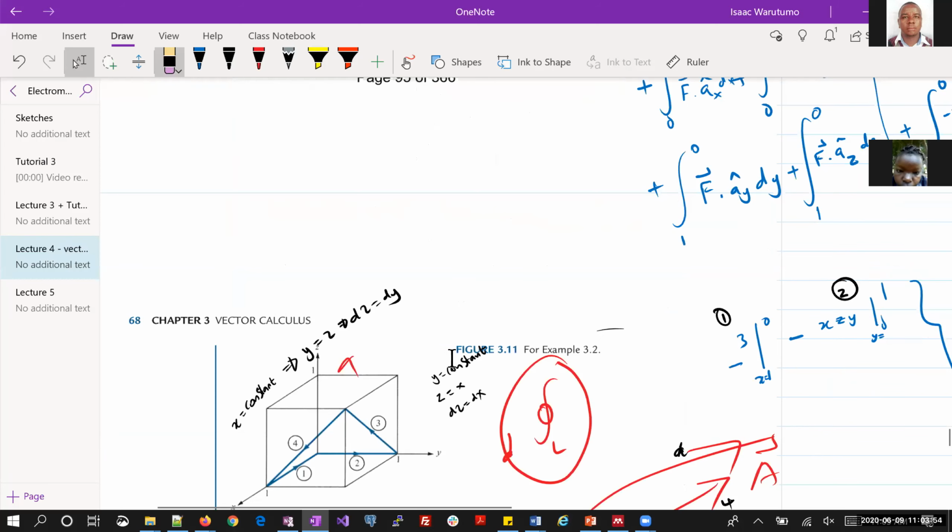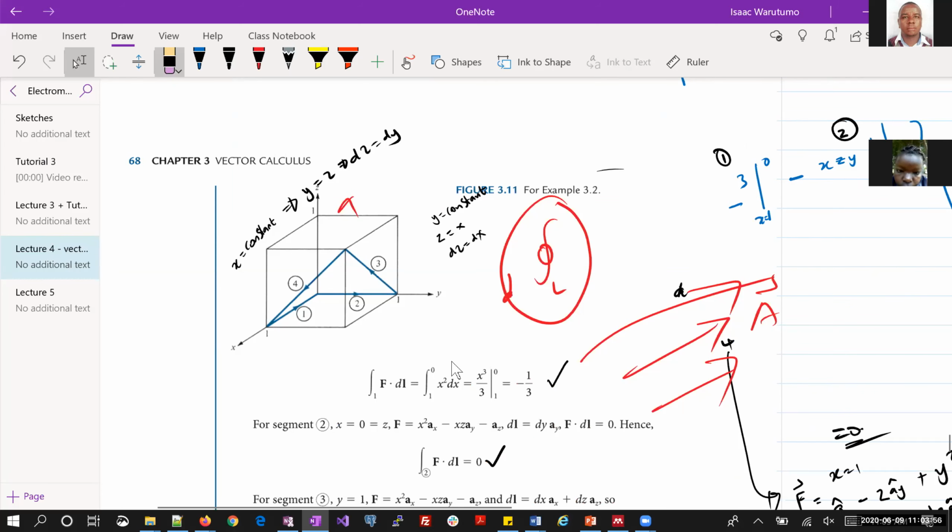So what we are doing is the following: we want to understand this path 1 here. And you can see that this path 1 has only one component, which is the ax component. And the ax is varying from 1, it was at this point, to 0. So that is why we have 1 to 0.